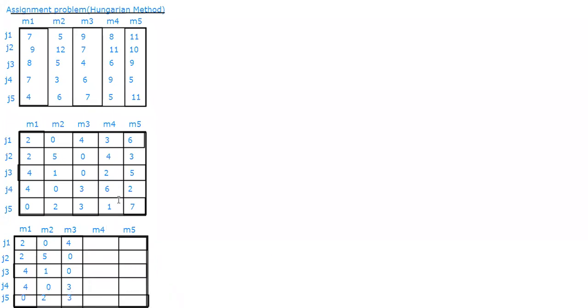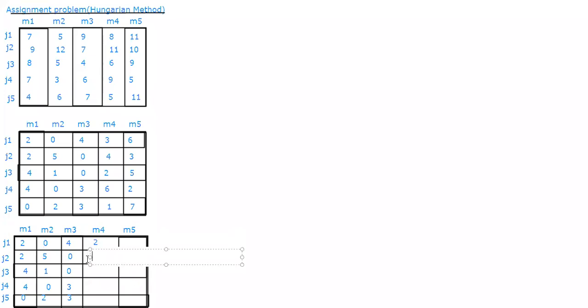So now the same process we are going to follow. In a column-wise manner, I have to find the minimum. First I'm going with the fourth machine's column. Among 3, 4, 2, 6, 1, which is the least digit? We got 1. So I'll subtract this from each one. 3 minus 1 is equal to 2.